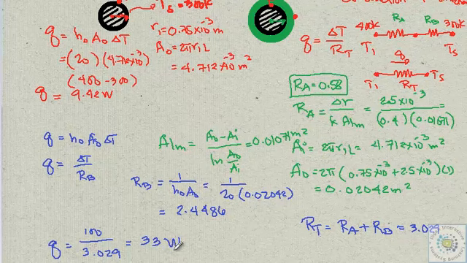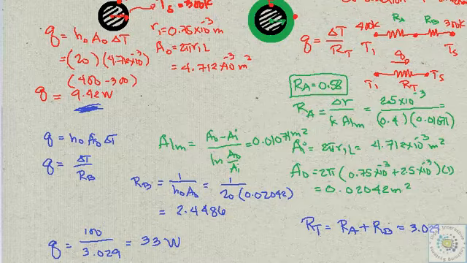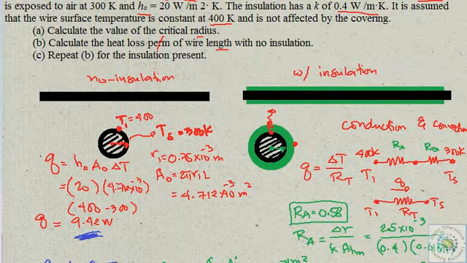Approximately 33 watts. As you can see now, if there's no insulation, the heat released to the surrounding air is only 9.42, but with the added insulation, it's quite counterintuitive. Why is it that more heat is released if there's insulation, even if your insulation has low conductivity?